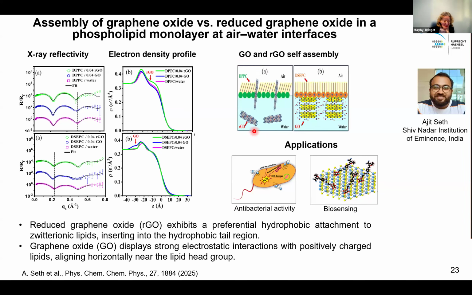If we have the reduced graphene oxide, it tends to go between the DPPC, and the classic graphene oxide likes to form sheets underneath it. And this is something we can justify through the X-ray reflectivity measurements. And of course, it has very interesting applications for antibacterial activity or for biosensing.